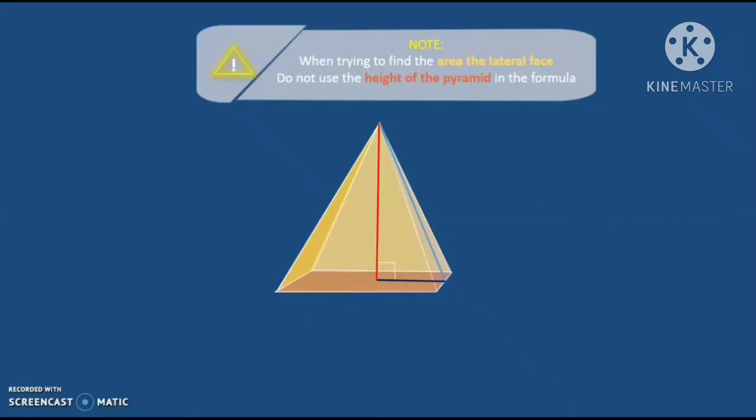We need to use the height of the lateral face itself, which will either be given to us, or we may have to find it ourselves through some sort of trick. Of course, in this case, we used our knowledge of the Pythagorean theorem to find the height of the lateral face.